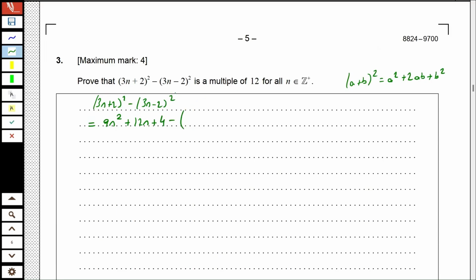Minus, in parentheses, 9n squared minus 12n plus 4. Which is 9n squared plus 12n plus 4 minus 9n squared plus 12n minus 4. You can cancel these expressions, sorry, not this one, the 4. And it will be 24n, which is a multiple of 12.